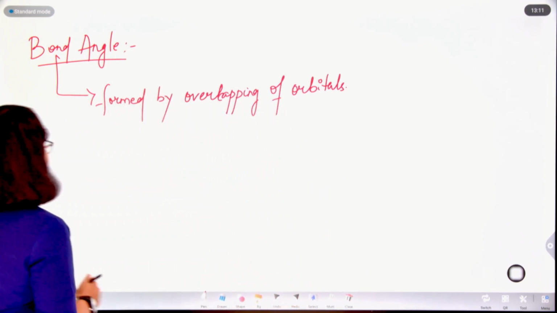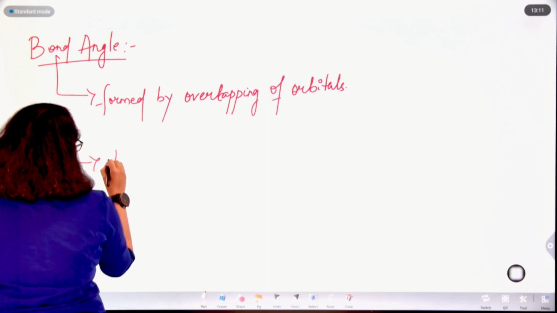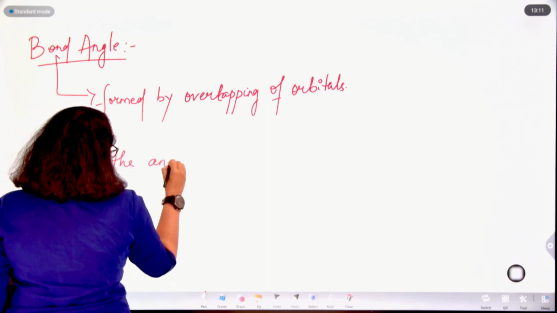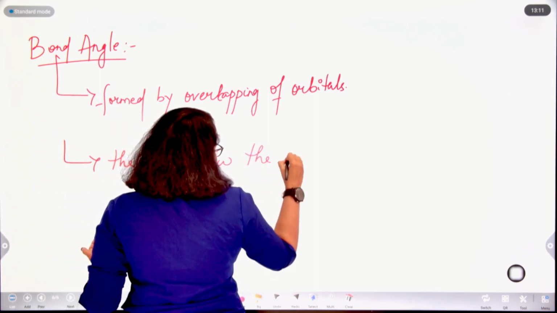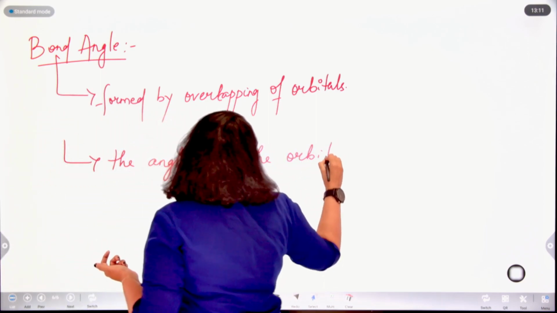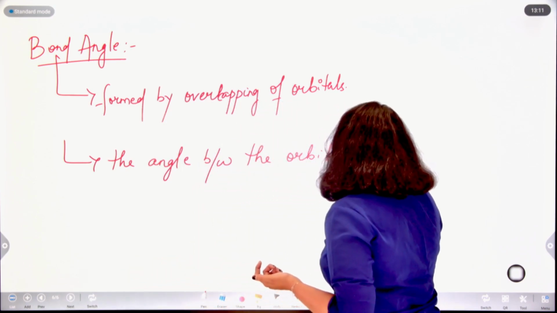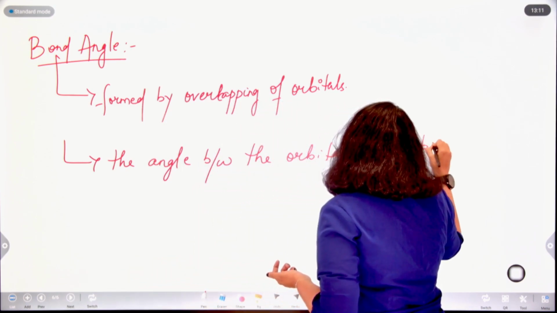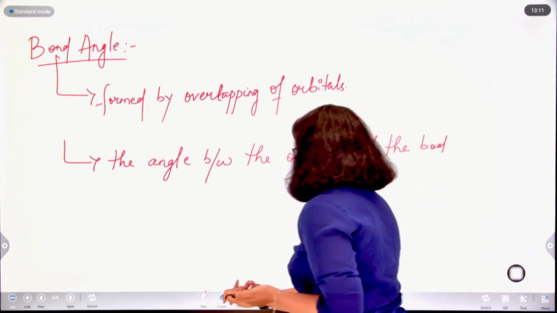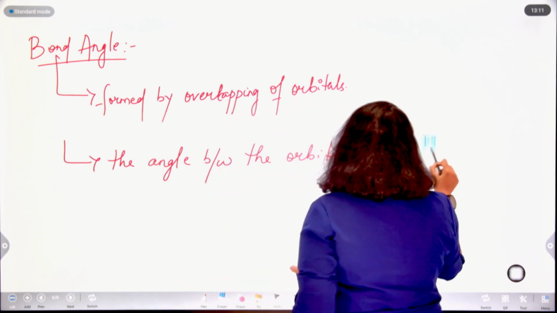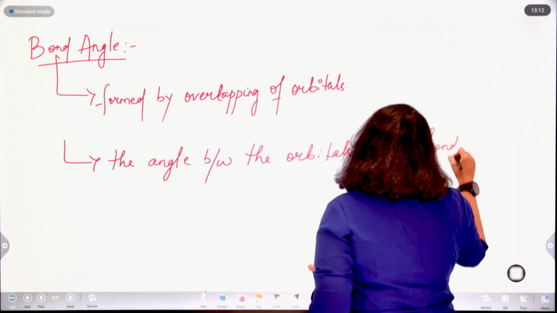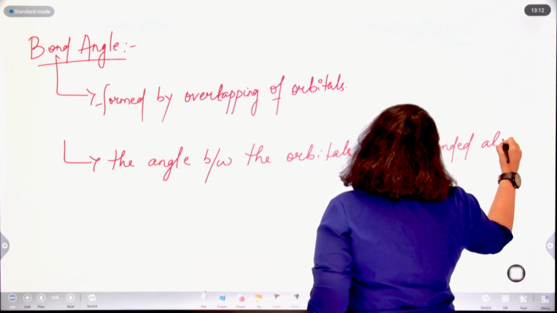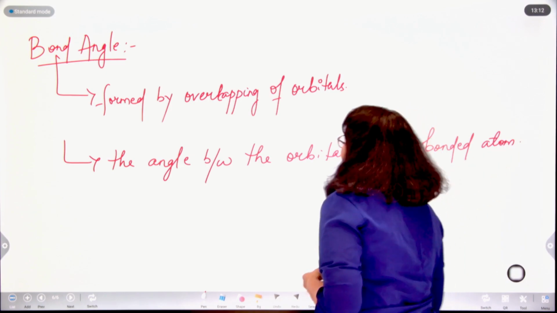or the bond angle is defined as the angle between the orbitals of the bonded atom.